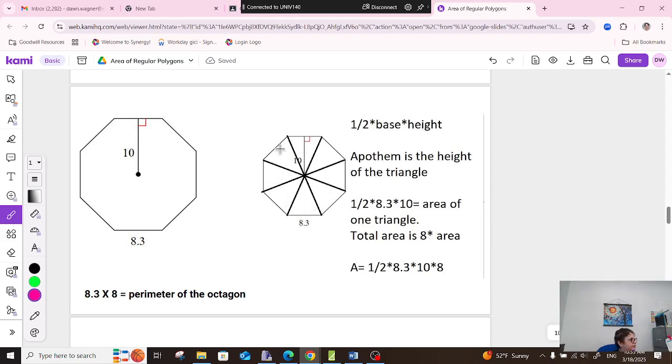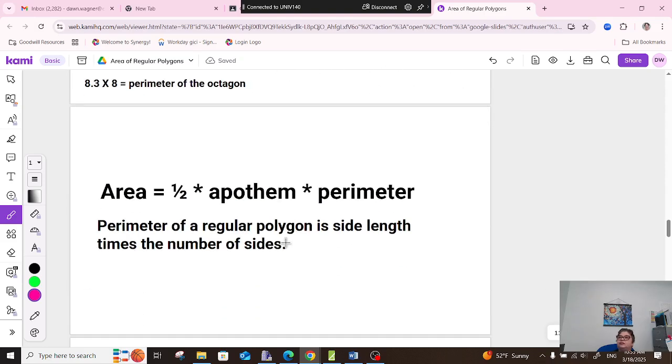We're going to use what we know about triangles and a little bit of trig when I'm missing the information I need to calculate the area of a polygon. So this is just a proof of why this works. We're not going to use this method. We are going to use this method.